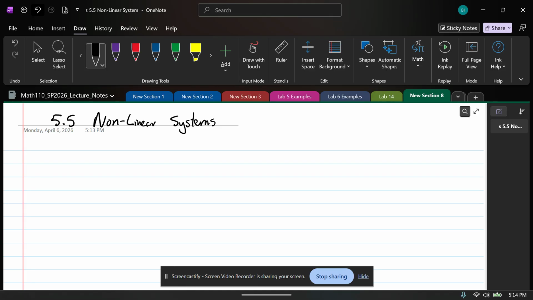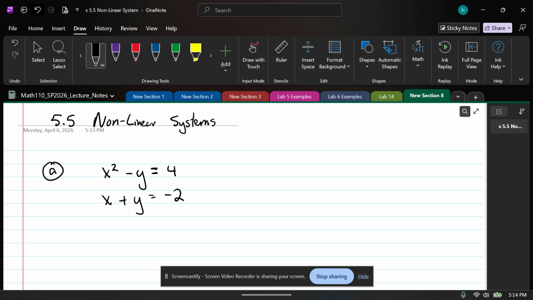Could be absolute value graphs, could be quadratics, could be lines, but they're mixed together. These, we're going to use the substitution and elimination methods to solve. So that's why we really went over those methods. I would expect most of us to do the matrix to solve linear systems.